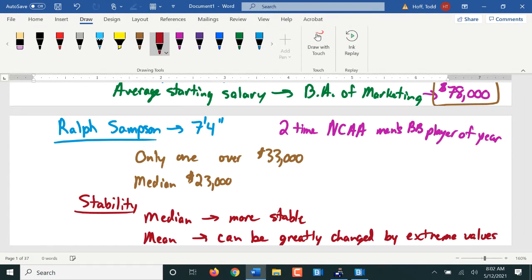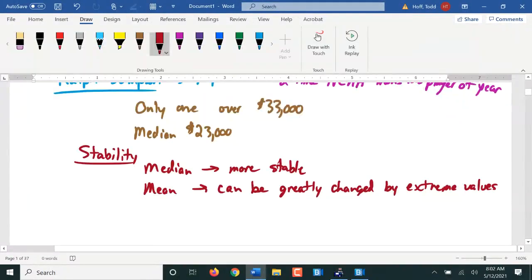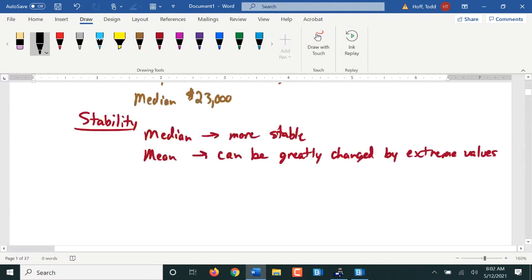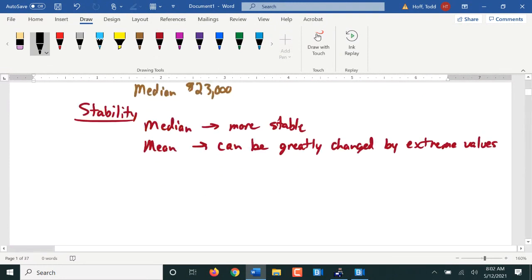In this case, it was one value that is extremely large compared to the other values, but it could also be extremely small compared to the other values. So the median is often considered to be the better measure of center, although, I mean, the two of them work together, mean and median. In a good set of data, they should be really close to the same.